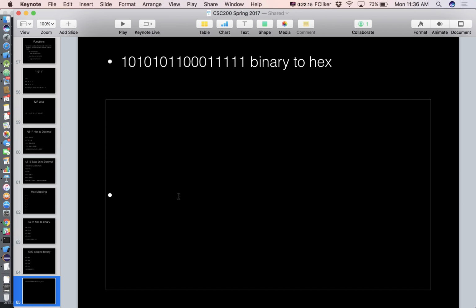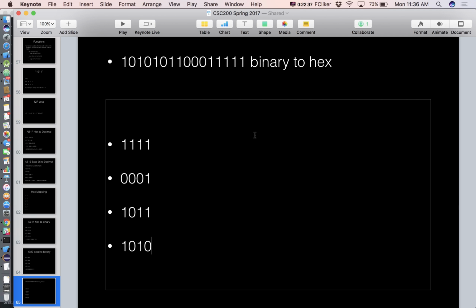Our packs of 4 here will be 1, 1, 1, 1. So that's this first one. Then 0, 0, 0, 1. Then 1, 0, 1, 1. Then 1, 0, 1, 0. It just so happened I didn't have to do any extra padding in this case.